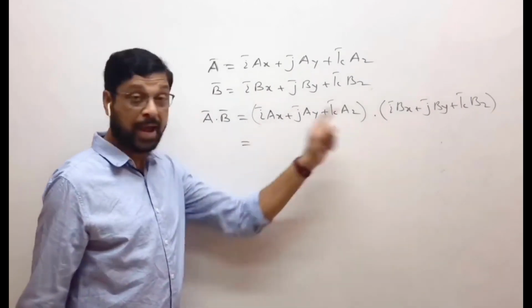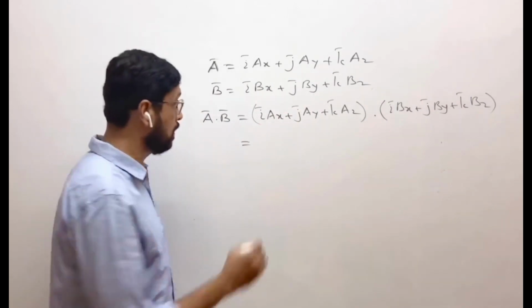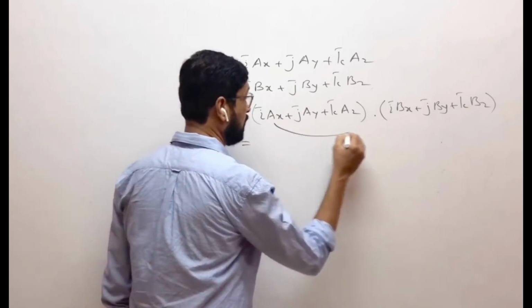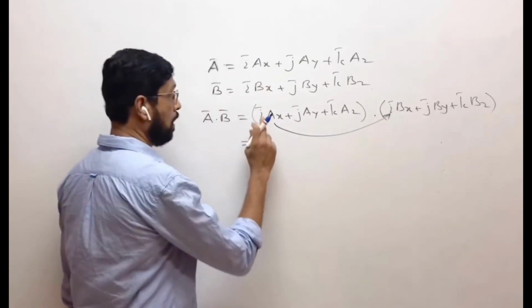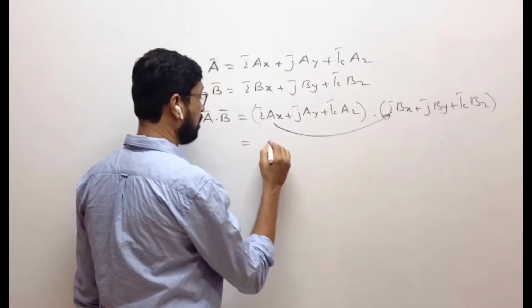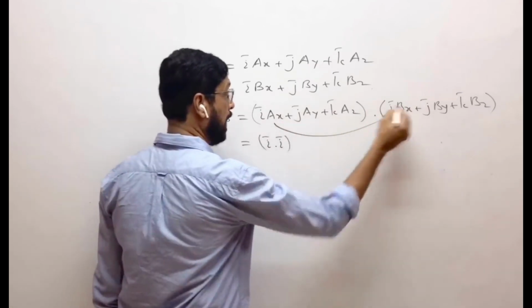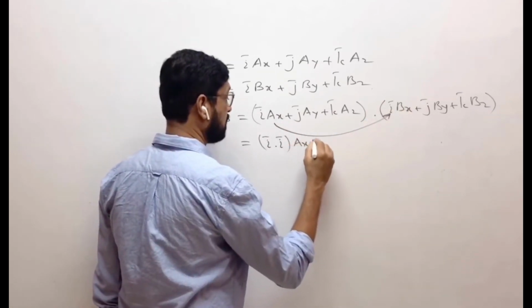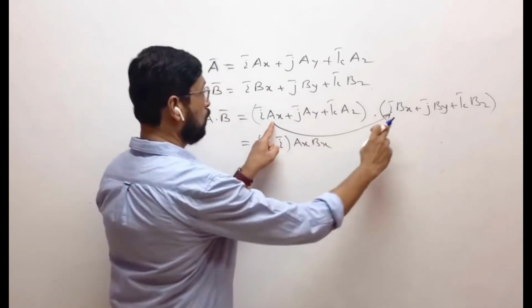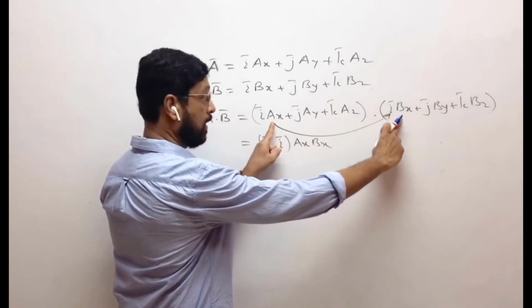Now you will multiply them one by one. We'll open the brackets. So first we multiply this with this. I dot I into AxBx. इन दोनों का मल्टीप्लीकेशन देखो बराबर है क्या?